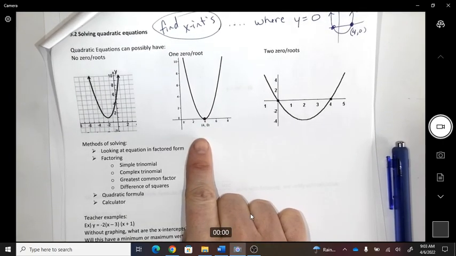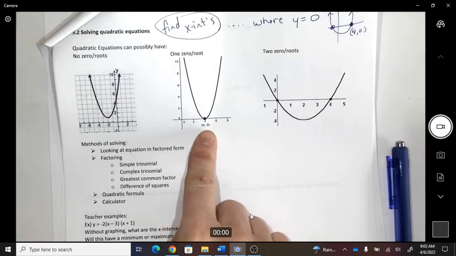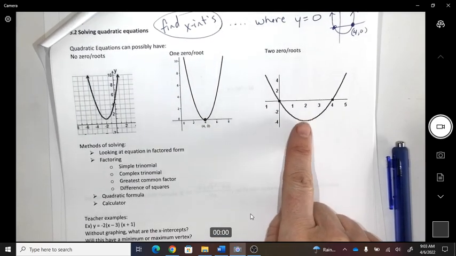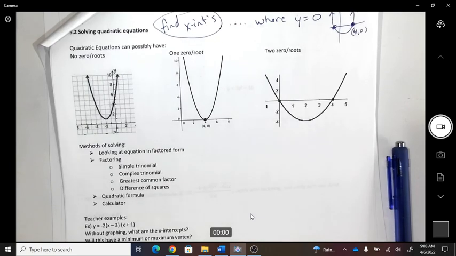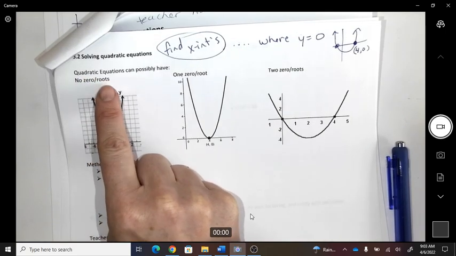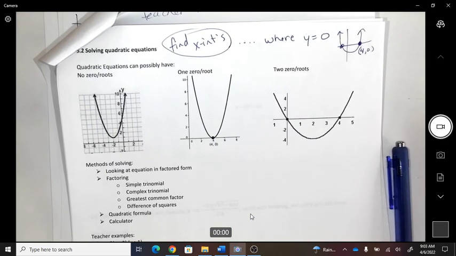So what would be the scenario if the vertex is on the axis itself? And sometimes quadratics have 2 solutions. Okay, and we've talked about this on the first day. You might hear me say, this is a 0, or this is a root, or this is an x-intercept. Remember, all 3 of those words mean the same thing.